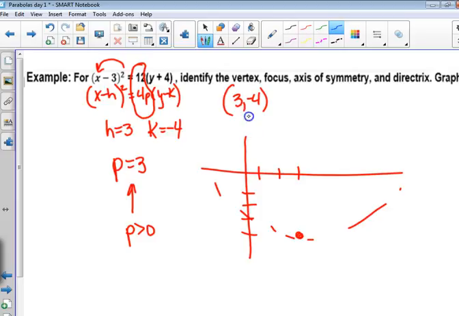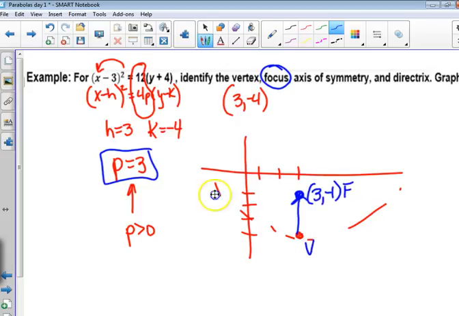Okay. The next thing I need is my focus, which is p units inside my parabola. So it's 3 units inside of here, which is at (3, -1). The axis of symmetry is just the line that cuts this in half. Can anybody give me an equation of that?